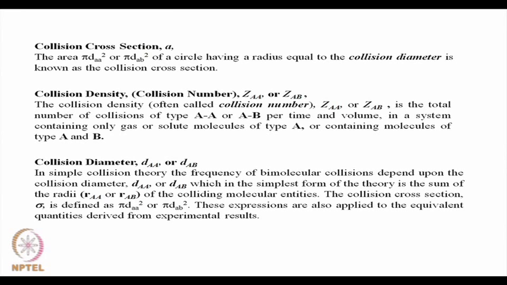The collision cross section sigma is defined as, like I already told, pi d_AA squared or pi d_AB squared. These expressions are also applied to equivalent quantities derived from experimental results. Therefore, collision diameter and collision cross section are connected by the factor pi d_AA squared or pi d_AB squared, where d_AA and d_AB are the collision diameters.